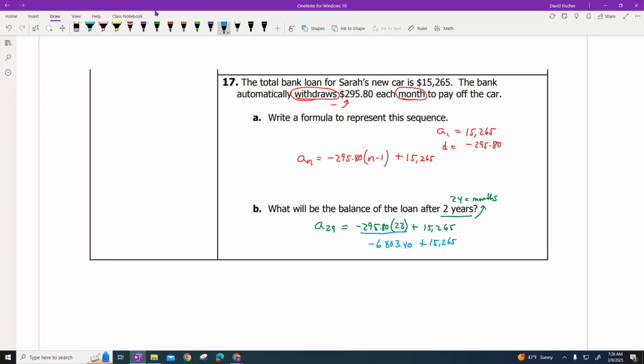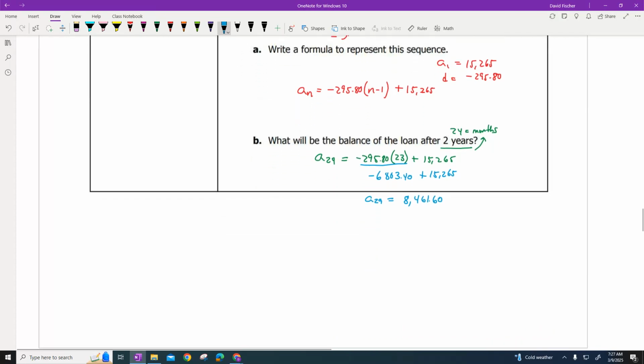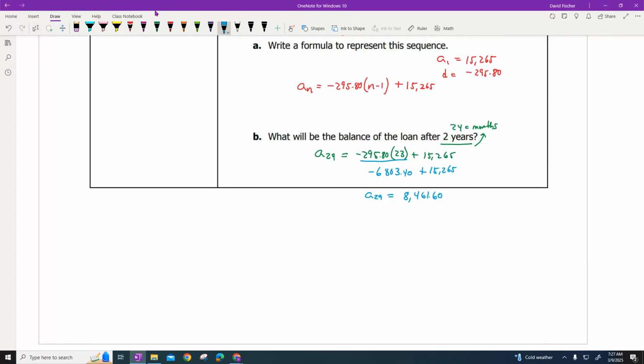My calculator is saying, and this is very important, so I'm going to say A sub 24 equals, but you're smart enough now, you've been first or second grade, they taught you, it's 8,000, you need a comma there. 461.6, well our money goes to the hundreds place, so we're going to finish it. It's 0.60, even though my calculator just says 0.6, and my calculator doesn't have a comma there.